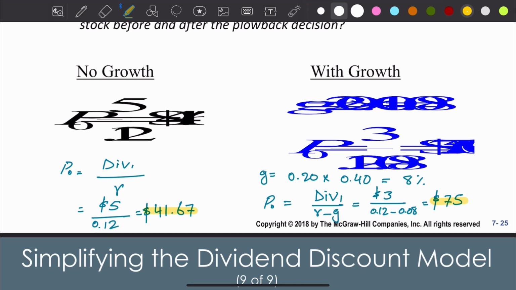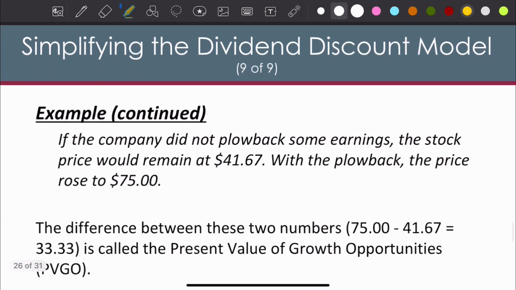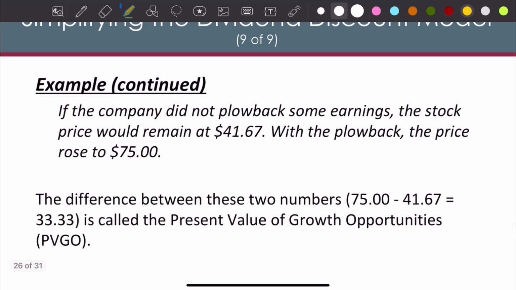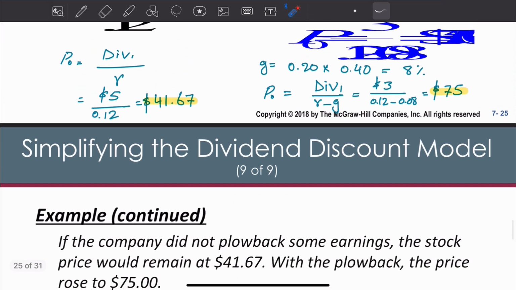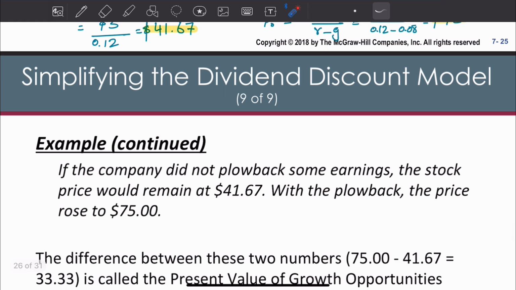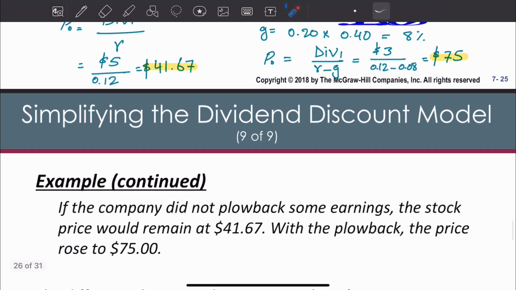All right. Now, knowing these two numbers, we could also calculate the present value of growth opportunities. So the example continues here, and it says if the company did not plow back some earnings, the stock price would remain at $41.67, just like we have calculated here. With the plowback policy, the price rose to $75, which is what we have calculated right here.